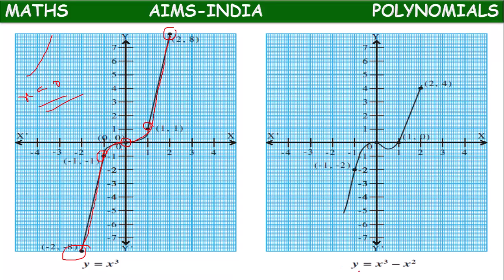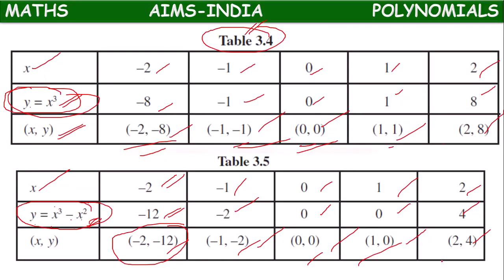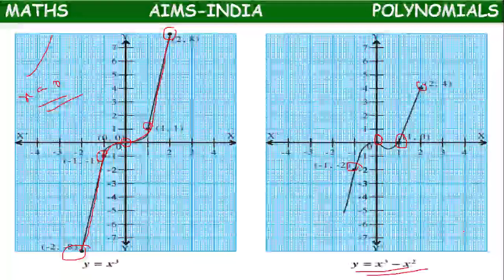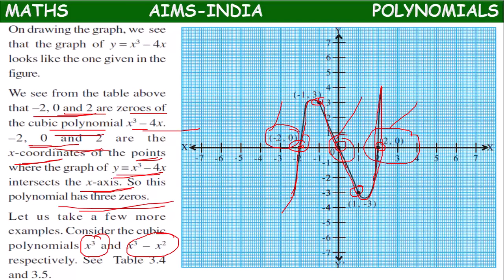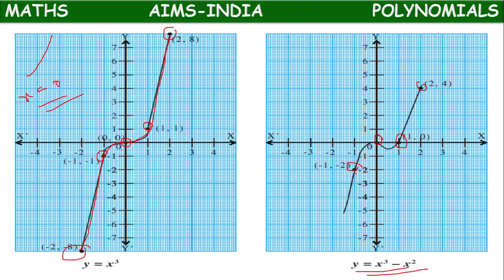Whereas if you see the graph of this one, we have 5 points here.